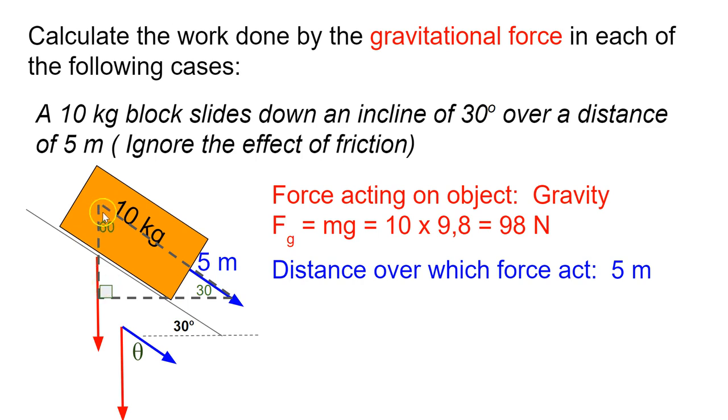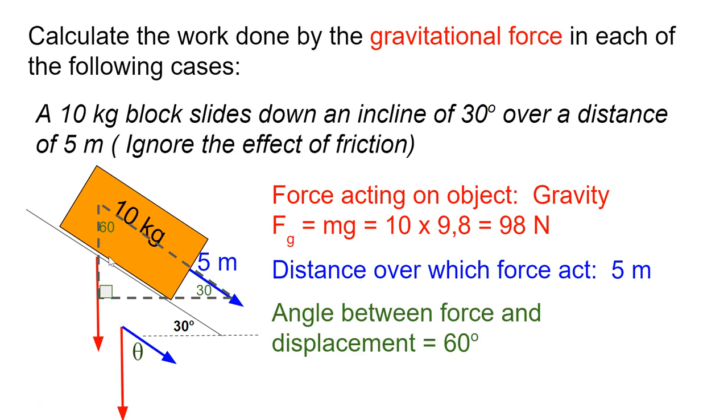So this angle must be 60 degrees in order for the three angles of a triangle to be 180 degrees. So here you are going to apply a little bit of grade 10 maths in order to calculate the angle between the direction that this thing is moving and the force acting on the block.